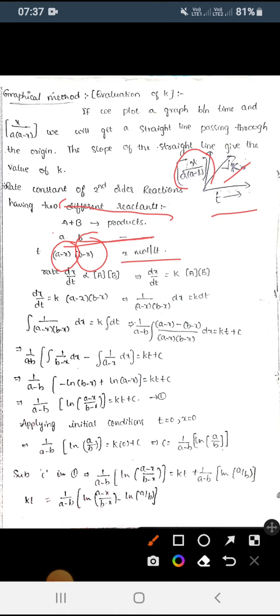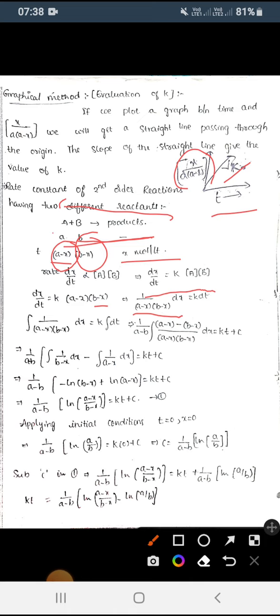Now according to the same definition, dx by dt is equal to k into A into B. In the place of A you write A minus x, in the place of B you write B minus x. So now we get 1 by (A minus x) into (B minus x) dx is equal to k into dt.